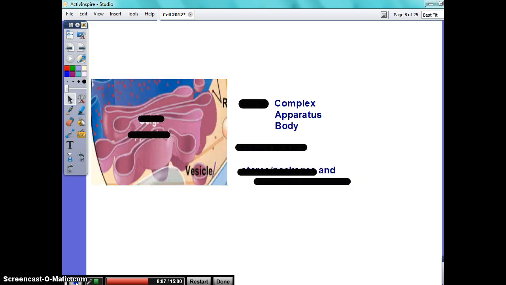All right, so this next organelle, which is number 7, is sometimes referenced as complex, apparatus, or body. Golgi complex, Golgi apparatus, Golgi bodies. It also looks like the ER, right? They kind of look alike.